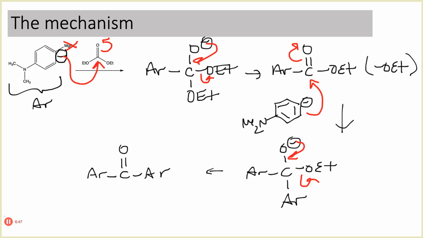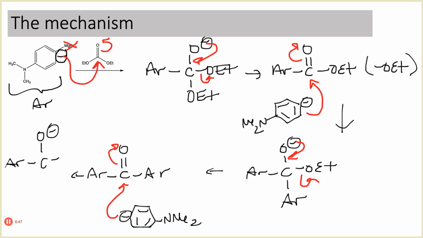But wait! I still have one more equivalent of Grignard around, and this is still an electrophile. Therefore, my Grignard will add one more time, but this time there's nothing else that can happen. I will get my O-, but I don't have any more ethoxy groups to kick out.